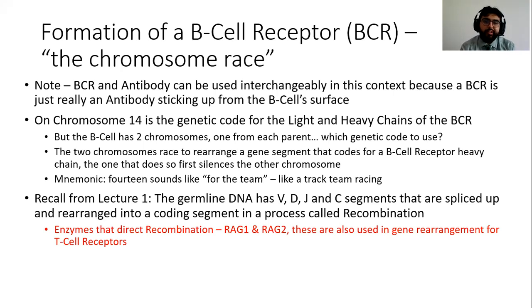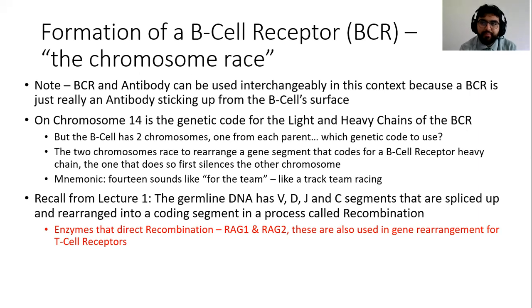On chromosome 14 in specific, there's the genetic code for the light and heavy chains. And remember, because we code for something like 100 million different B-cell receptors, there's not 100 million different genes. Rather, there's the genetic code for the light and heavy chains in their V, D, J, and C segments, so they're rearranged in order to mix and match to make more genes.